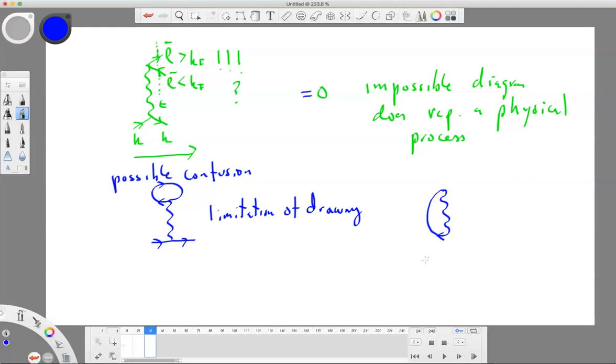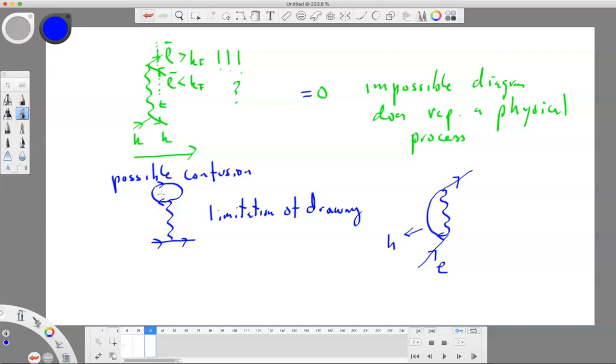And then let's put the slanted line here, just so that we don't get the lines messed up. So again, this is a hole propagator, and this is an electron propagator.